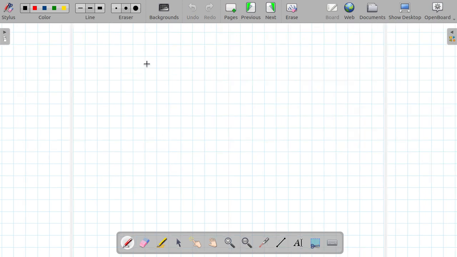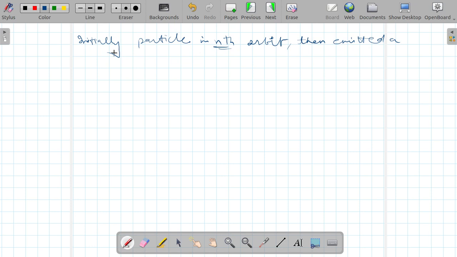Now let us assume that initially the particle is in the nth orbit, then emitted a photon when it moves to the mth orbit. Here n is greater than m.